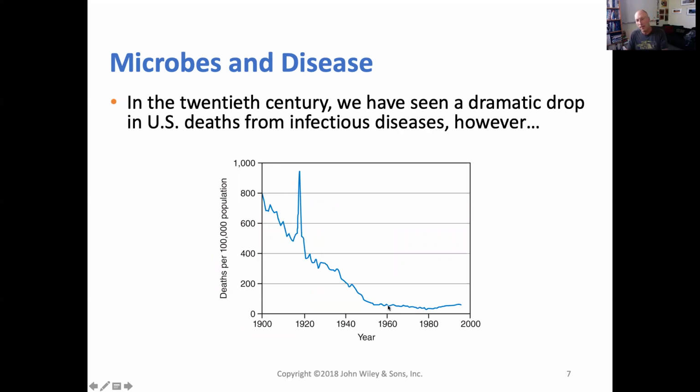There are some obvious answers, I know some of you are thinking, but I want you to take a few minutes now in the breakout groups and talk about why we might have seen such a dramatic drop in the US and in large parts of the world from infectious diseases. All right, so take a break now, go into your breakout groups, discuss this, come up with, say, at least 5 reasons that you think are very important for the decline of infectious diseases in the United States in the 20th century.